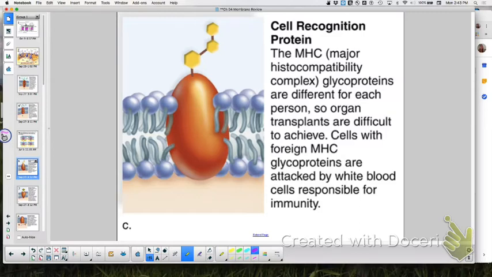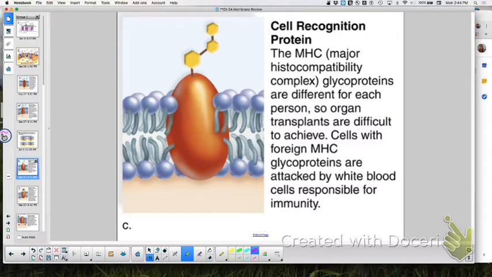If you have some sort of pathogen coming in, it can recognize that. Even if it's a tissue that you surgically had put in, like a heart transplant or a kidney, if it doesn't have the ID of your body, that's like your cellular fingerprint, then your immune system is going to start to do what? Attack it. Yeah, exactly.